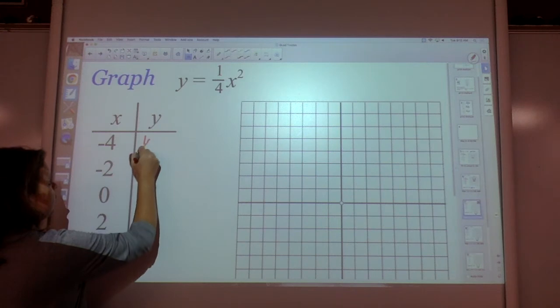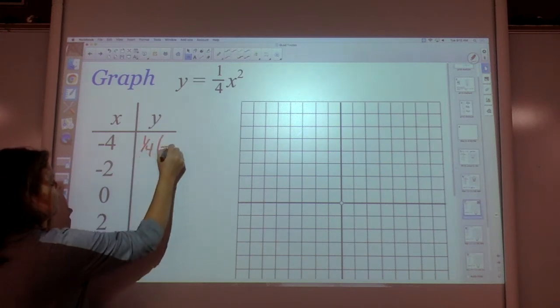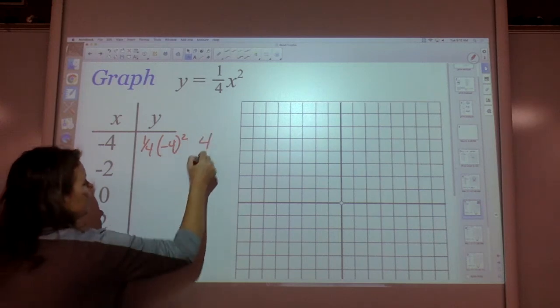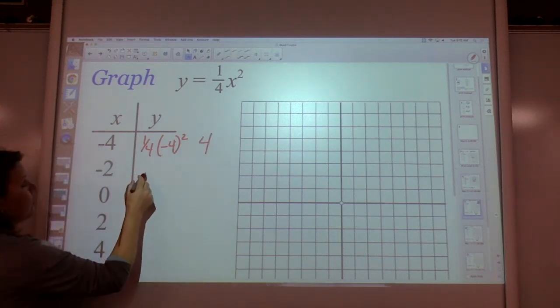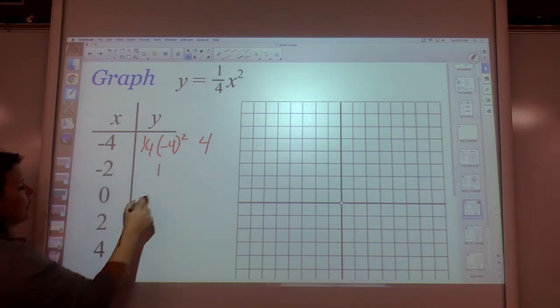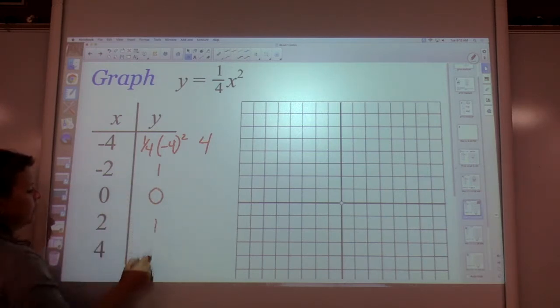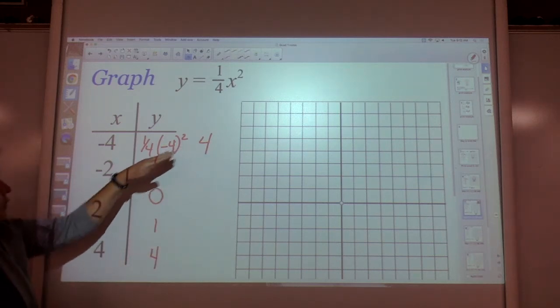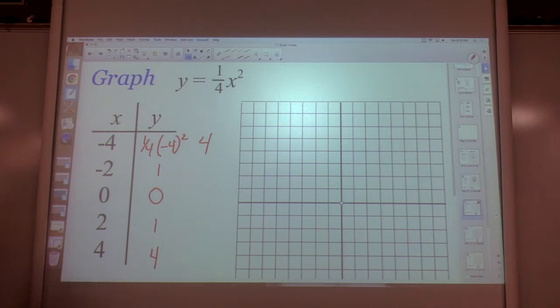So we're going to go with 1/4 times parentheses -4 squared. Type that into your calculator, you'll get a positive 4. 1/4 times -2 squared, you'll get 1. 1/4 times 0 squared is 0, and then a 1 and a 4 again. So far, our pattern has maintained 4, 1, 0, 1, 4.